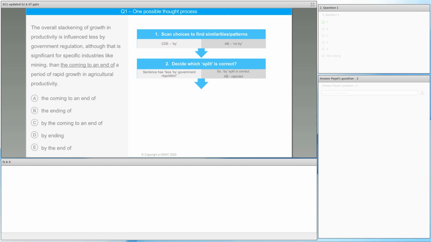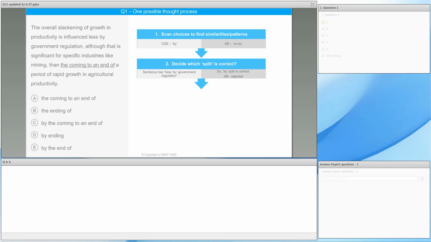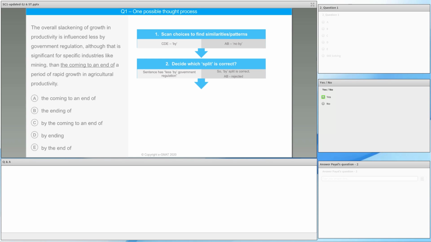So I'm going to bring back the yes/no poll, and we're going to go through this approach, and then I'm going to ask you guys to be honest with me and let me know who's utilizing this approach. I'm going to end the poll really quickly. If you scan through the question, you've got some grammatical savvy, and you notice right away that choices A and B here don't have by, but C, D, and E do have by.